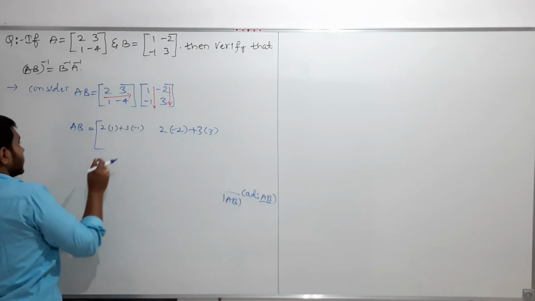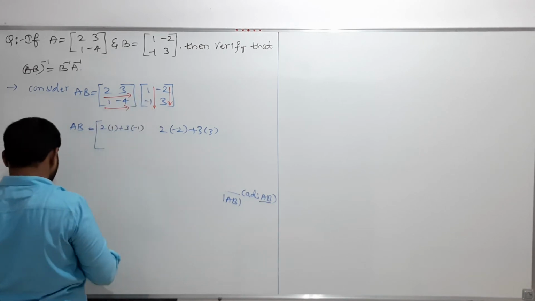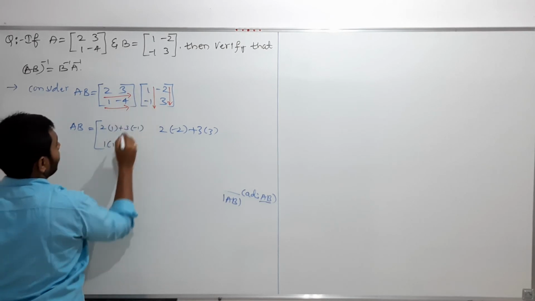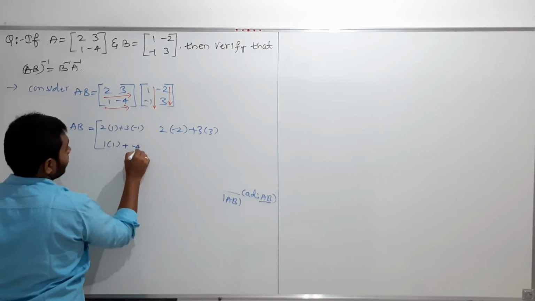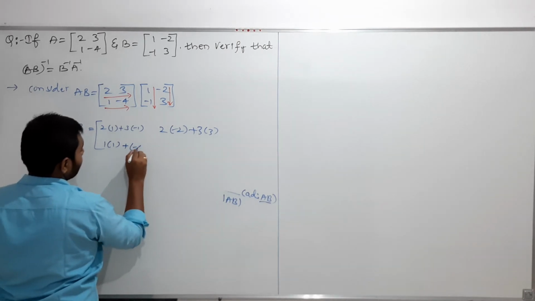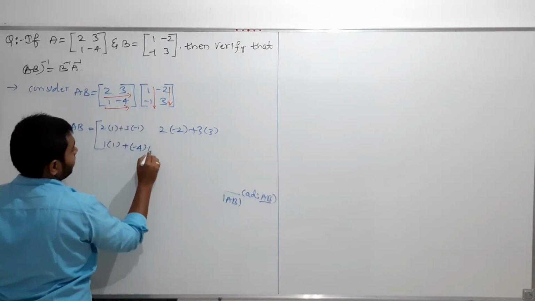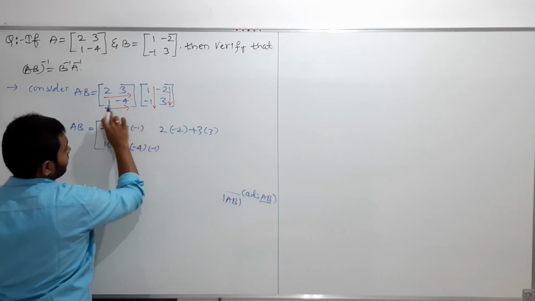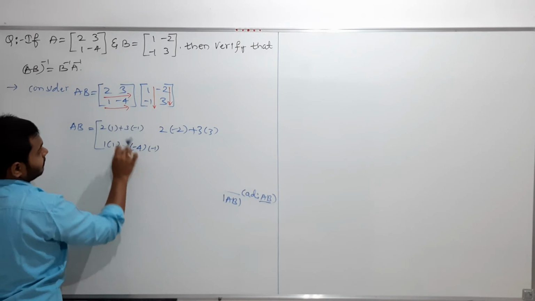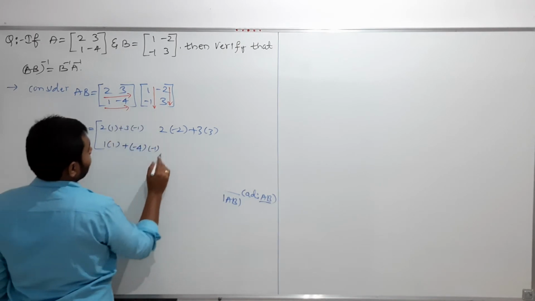Next is second row, first column. Therefore 1 into 1 plus, I'll write in the bracket, this element into this element: minus 4 into minus 1.